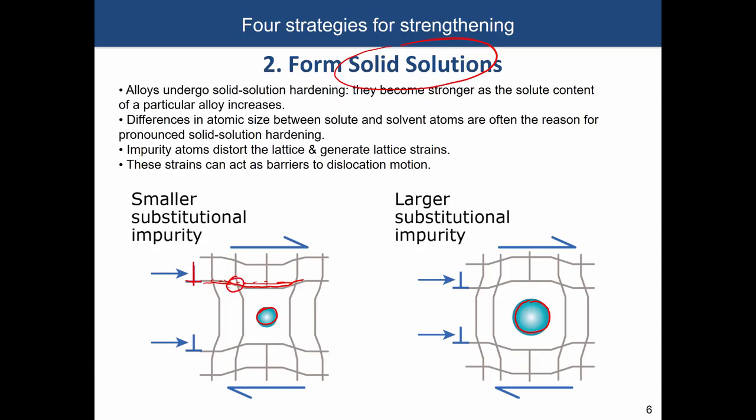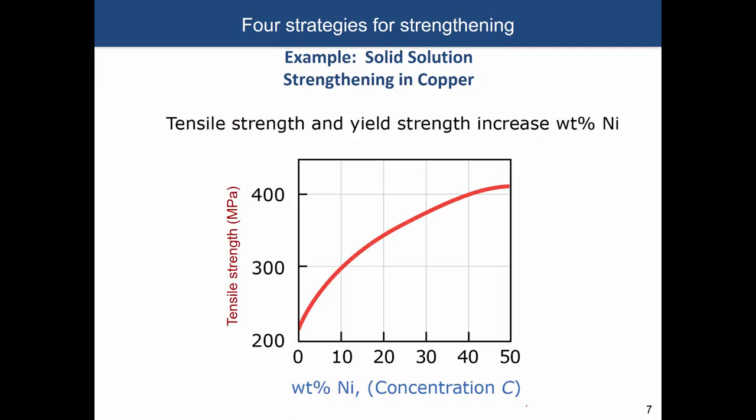Okay? Just to illustrate that this is indeed the case, this is the tensile strength as a function of the concentration of nickel, in the case of copper. You take copper and start introducing nickel, and the tensile strength of pure copper has a certain value, roughly 210 megapascals.